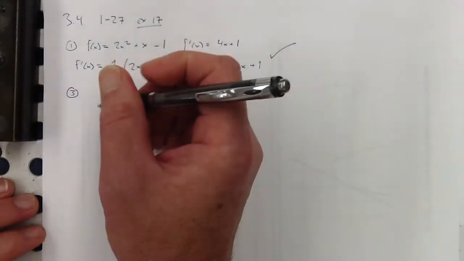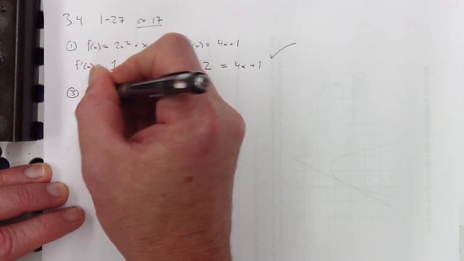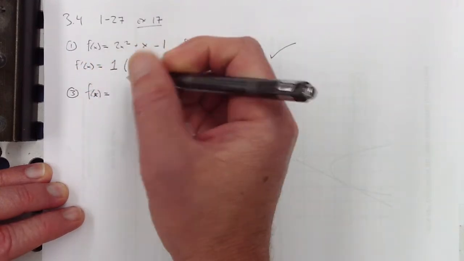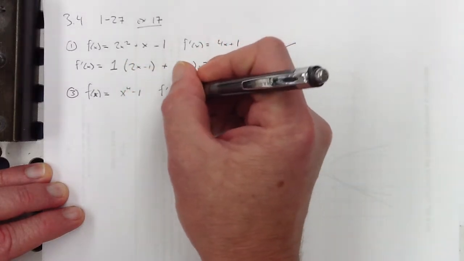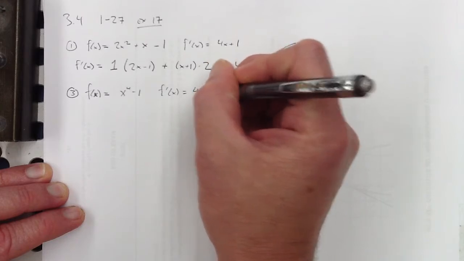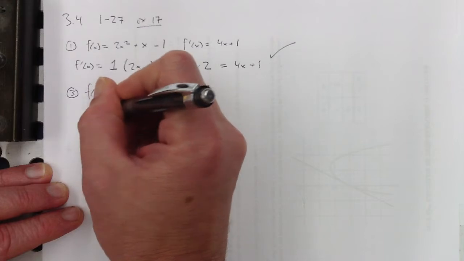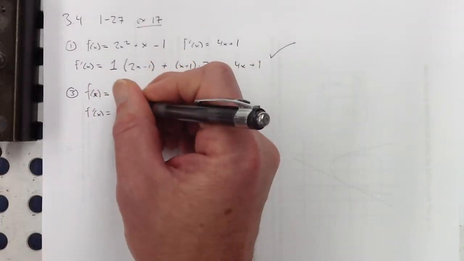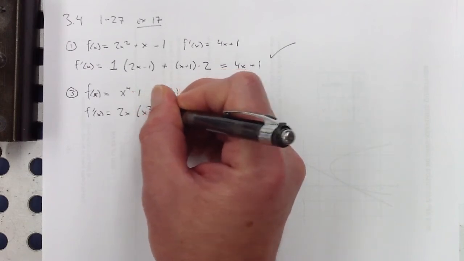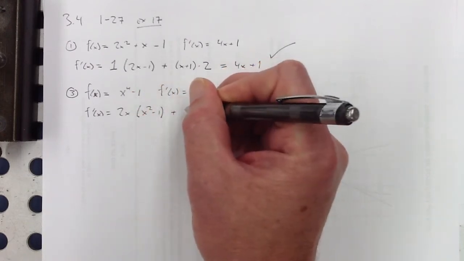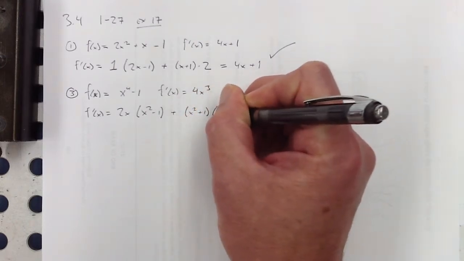Math does not lie. Okay, so how about this one, f of x? If we FOIL this out, that's just the difference of two squares. Looks like this way is easier for sure. Okay, and then f prime of x, if we use the product rule, the derivative of the first times the second plus the first times the derivative of the second.